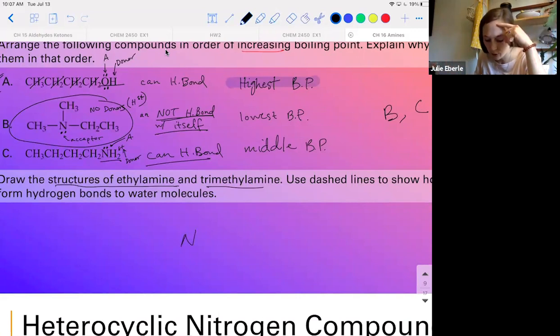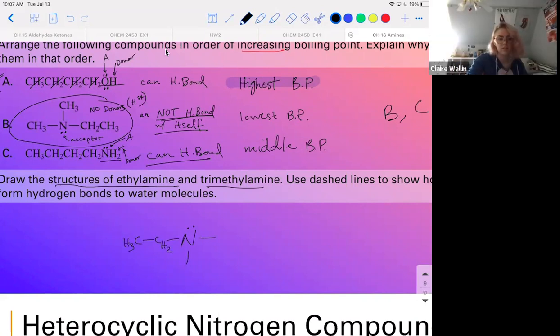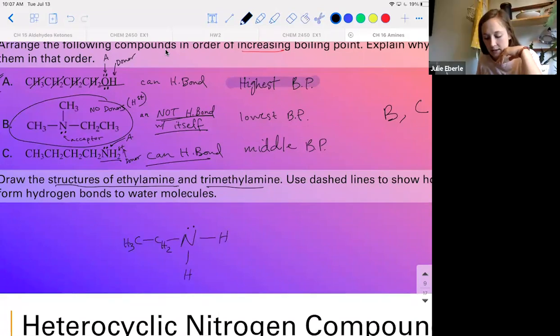It's just one ethyl group. So I've got CH2, CH3, and then these other two bonds on nitrogen have to be to what? Hydrogen. Yes, Claire, hydrogen. So there is ethylamine.